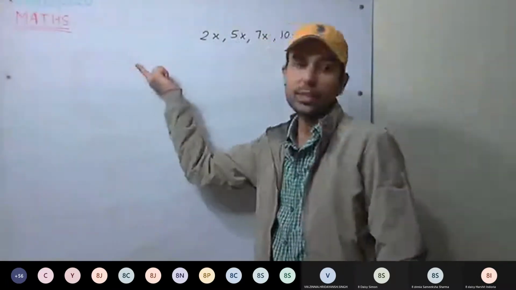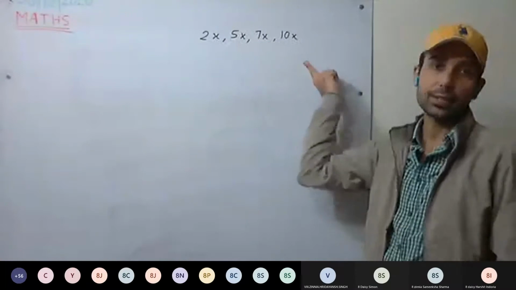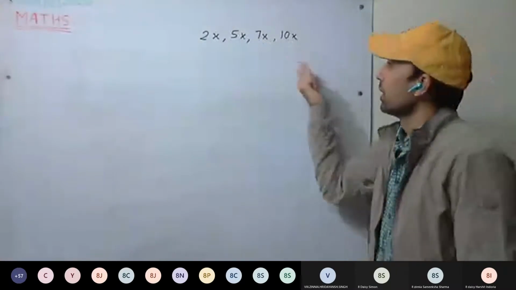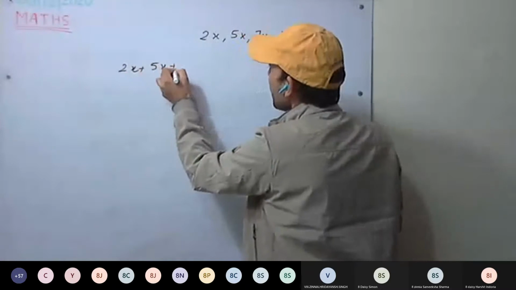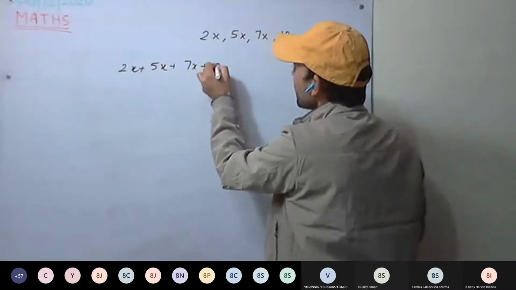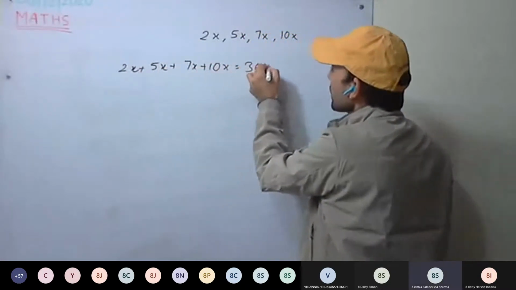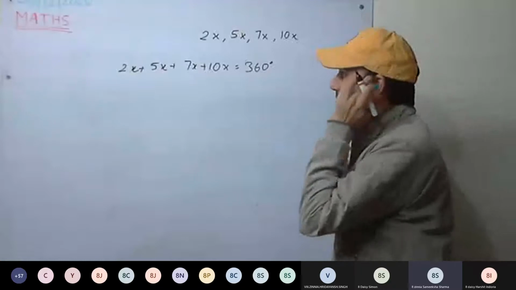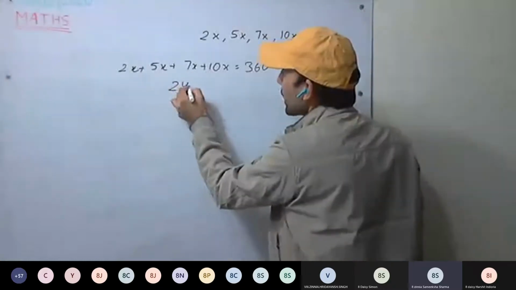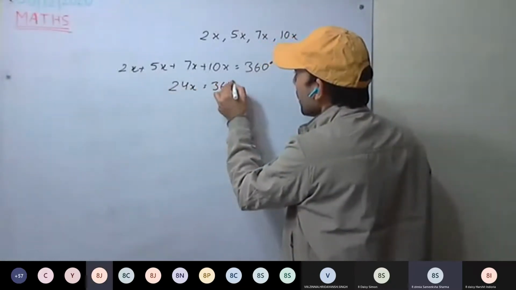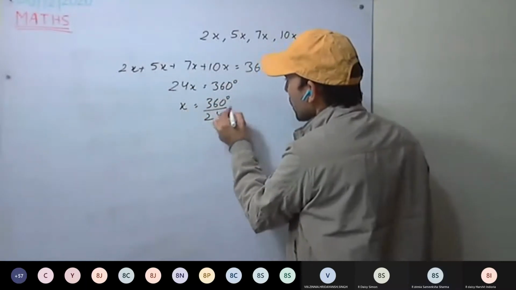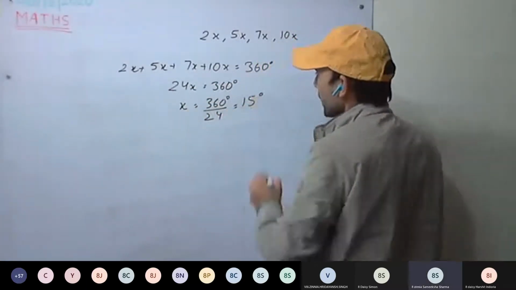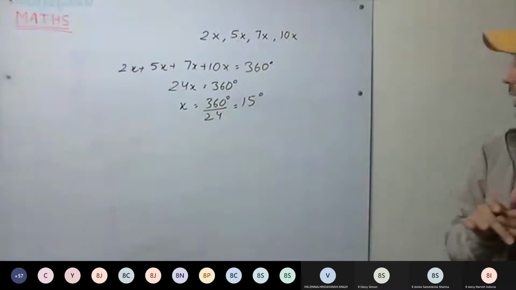Now, the sum of the interior angles of a quadrilateral is 360 degrees. Add them: 2x plus 5x plus 7x plus 10x equals 360. That is 24x. So x equals how much? It is 15 degrees.